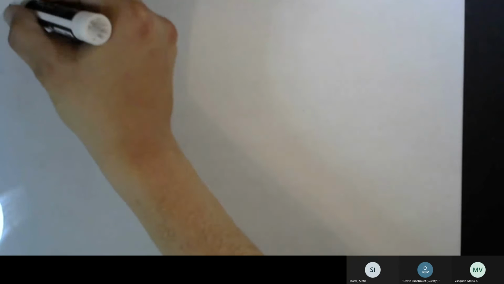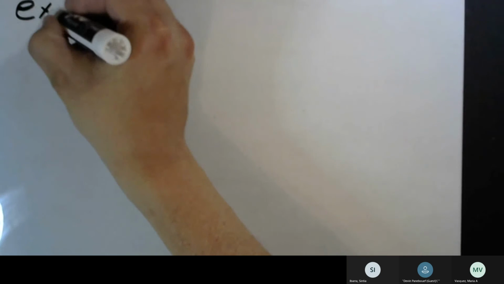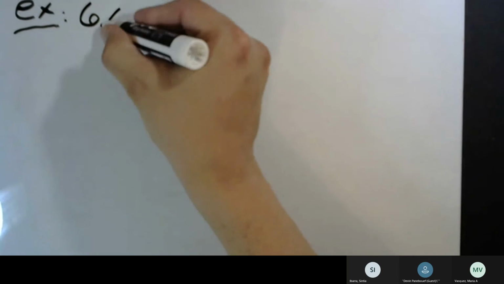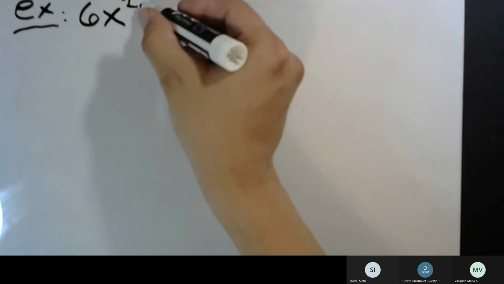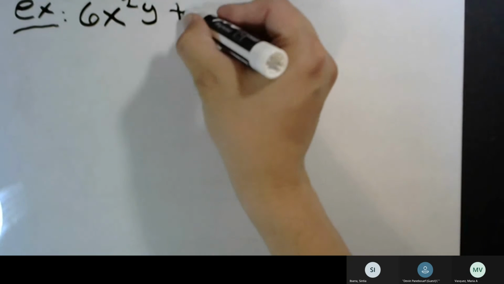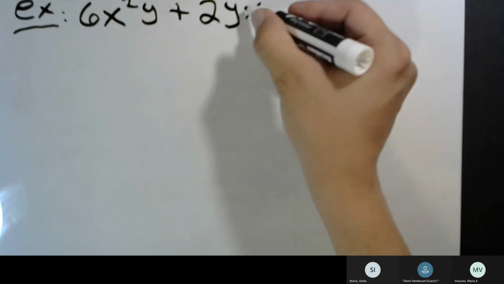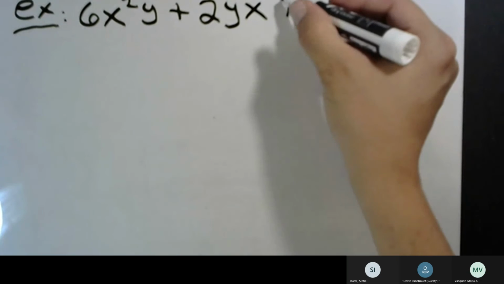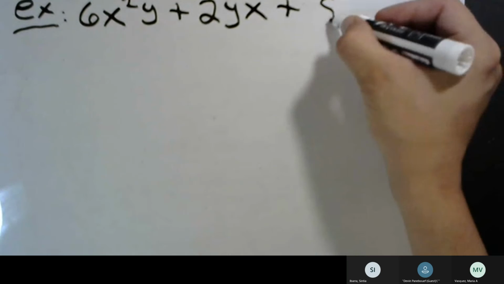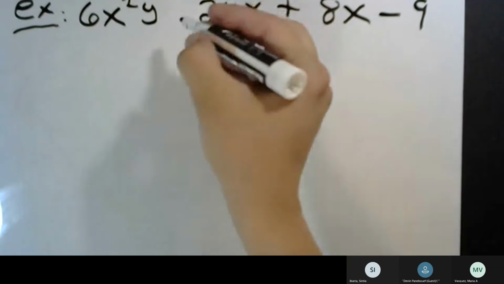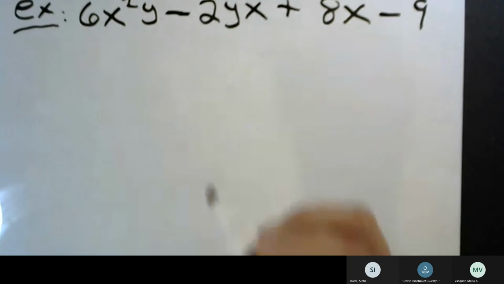So let me do another one. Let's say we have this. Let's throw a minus sign in here. Throw a minus sign in there. We want to make sure we keep those in there too.